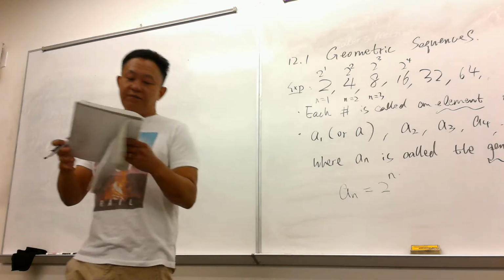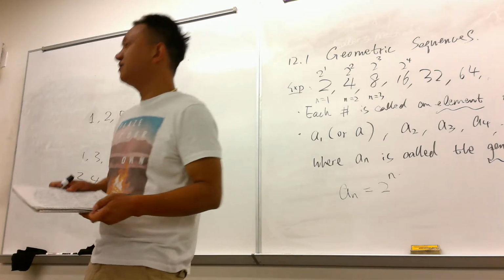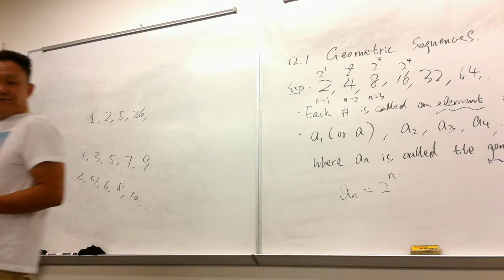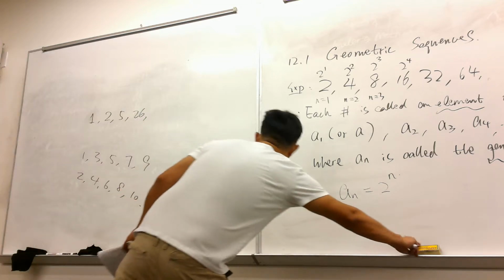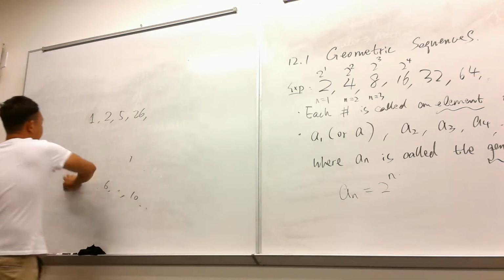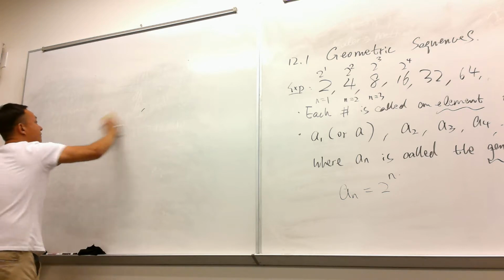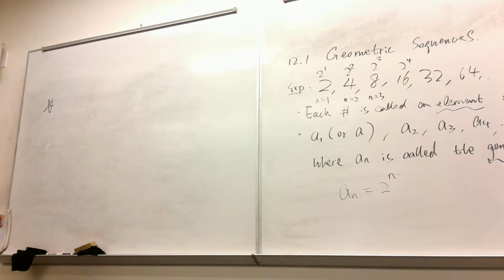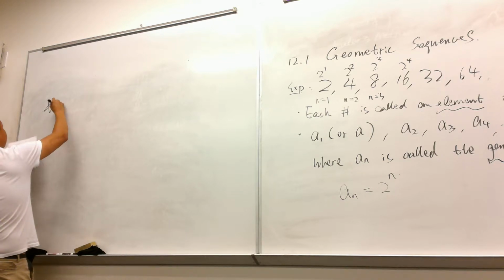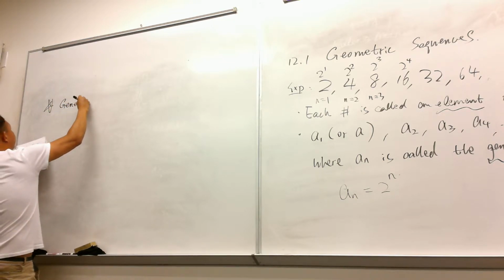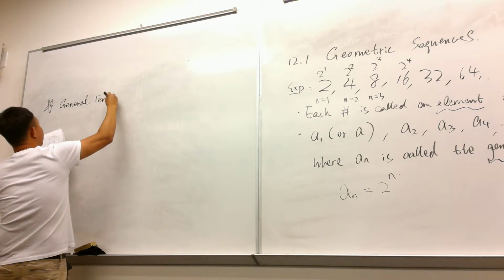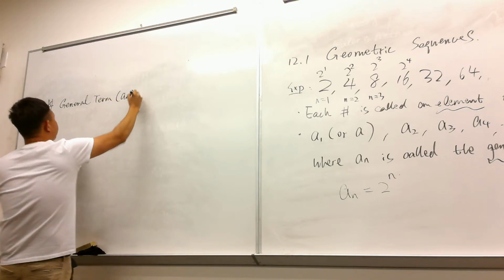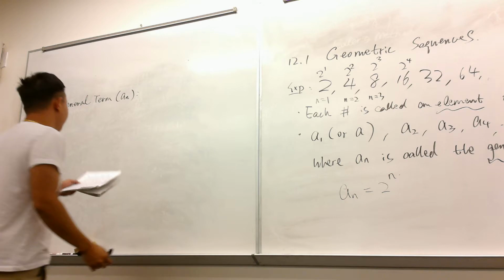And then the next topic is how to find the general term. This is probably the most important topic so far, by the way. How to find the general term, which we denote as a sub n.